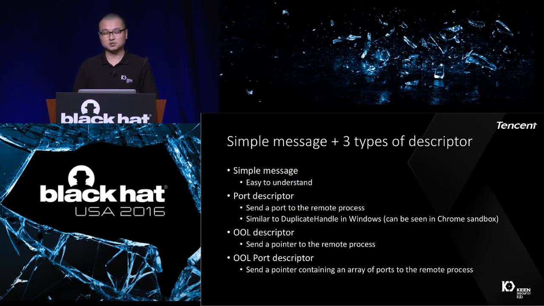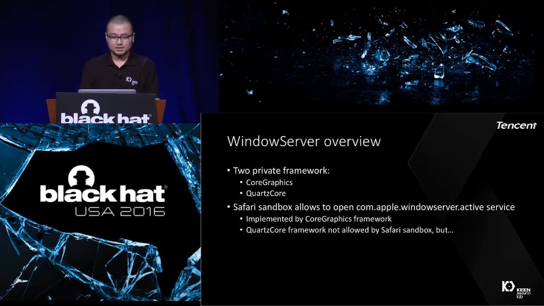One is the simple message, which is very easy to understand, and the 3 other types of descriptor. One is the port descriptor when you want to send a port, the OOL descriptor when you want to send a pointer, and the OOL ports descriptor when you want to send a pointer containing an array of ports to the remote process.